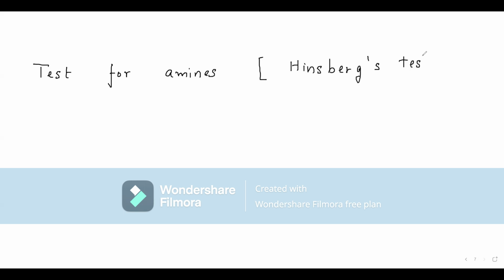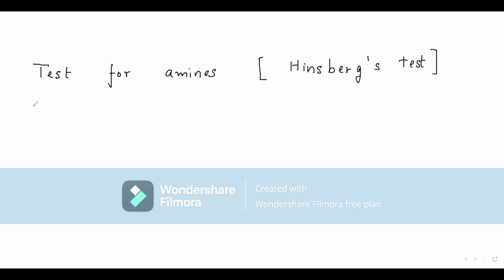In this Hinsberg's test, all the 3 amines behave differently. So, one test will help us to distinguish between a primary, secondary, as well as a tertiary amine.